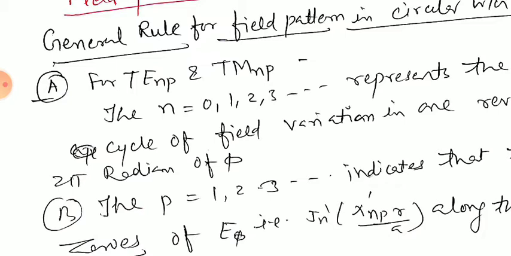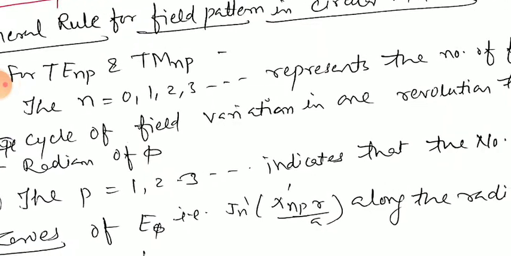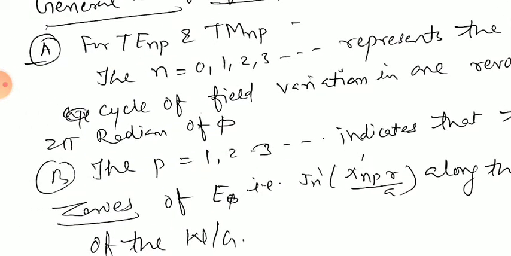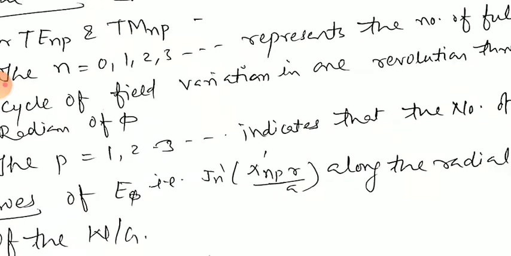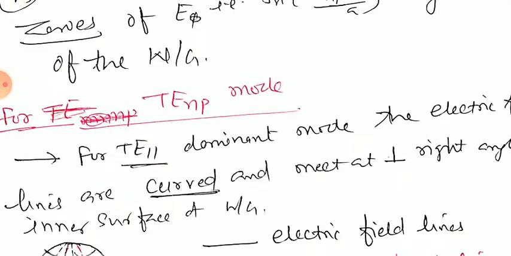And p equal to 1, 2, 3 indicates the number of zeros of the Bessel function J, kca, which we wrote earlier, along the radial direction of the waveguide.